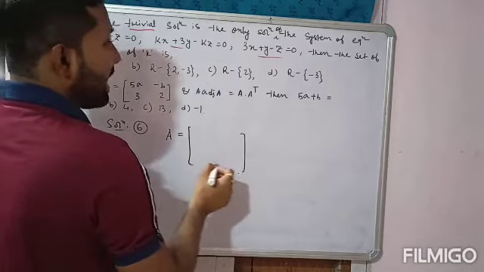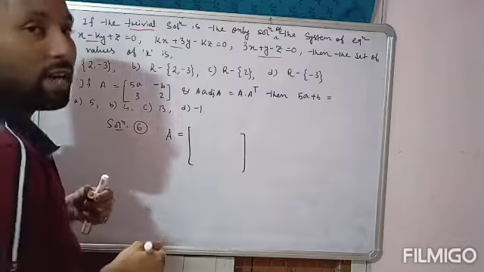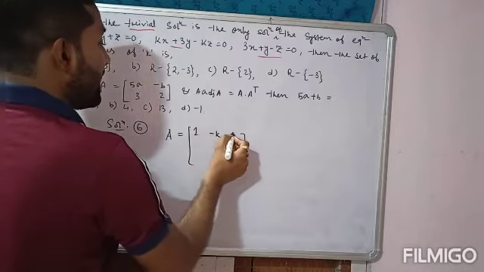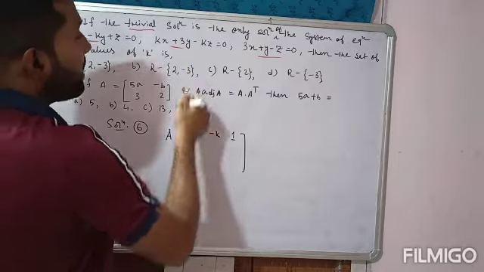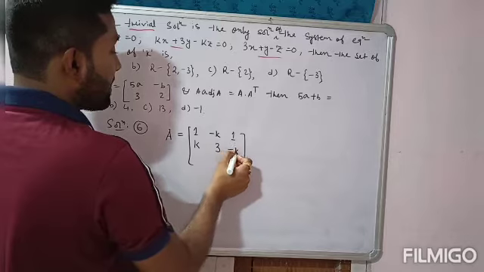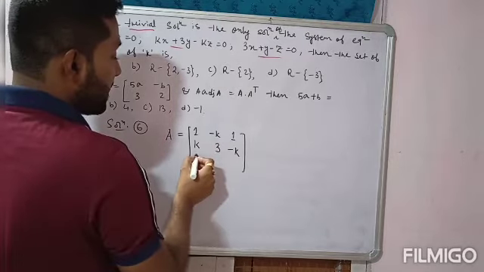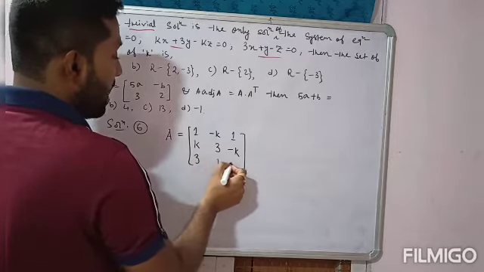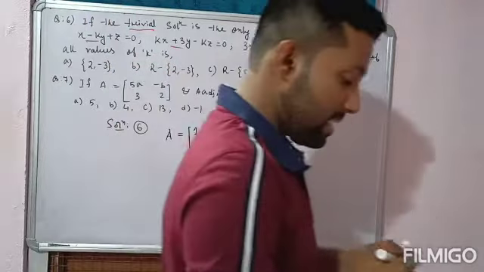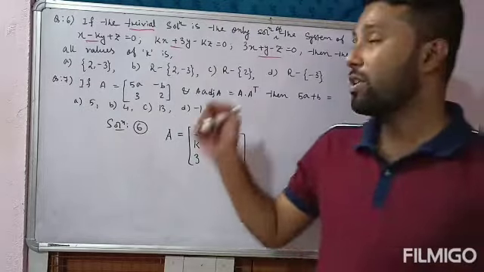matrix. What do you have to write? The coefficients of x, y, z of the first equation, that is 1, minus k, 1. The coefficients of x, y, z of the second equation, that is k, 3, minus k. The coefficients of x, y, z of the third equation, that is 3, 1, minus 1. This is matrix A. Yes, you have to represent the equations in matrix form.